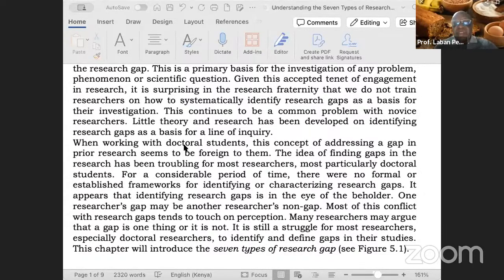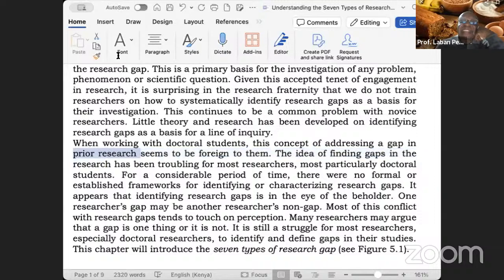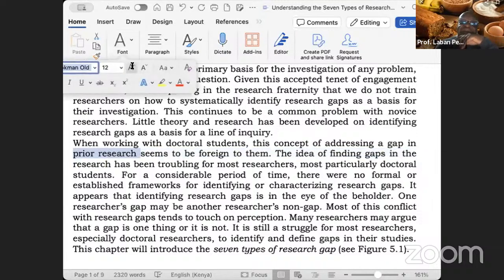When working with doctoral students and even master's students, this concept of addressing a gap in prior research, that means you are now reading research that has been done by other people, seems to be foreign to them.